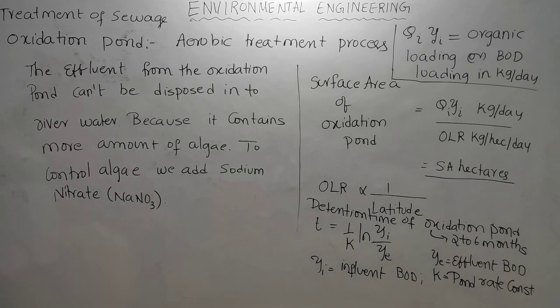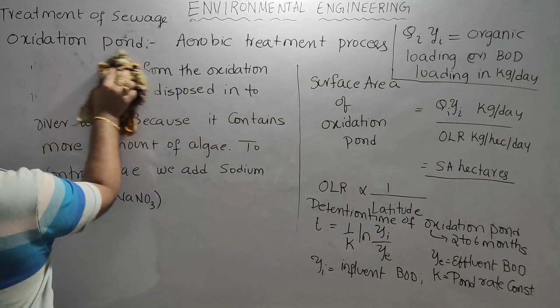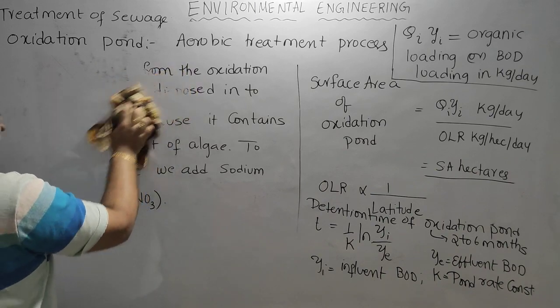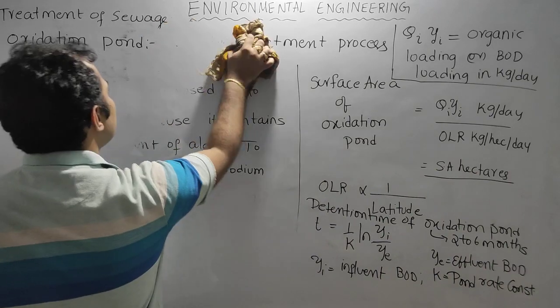Okay, so this is all about the oxidation pond. Now we have completed all the processes which are important for the GATE examination. There is a last one, that is lagoons. Lagoons are also ponds, but lagoons may not get proper aeration.